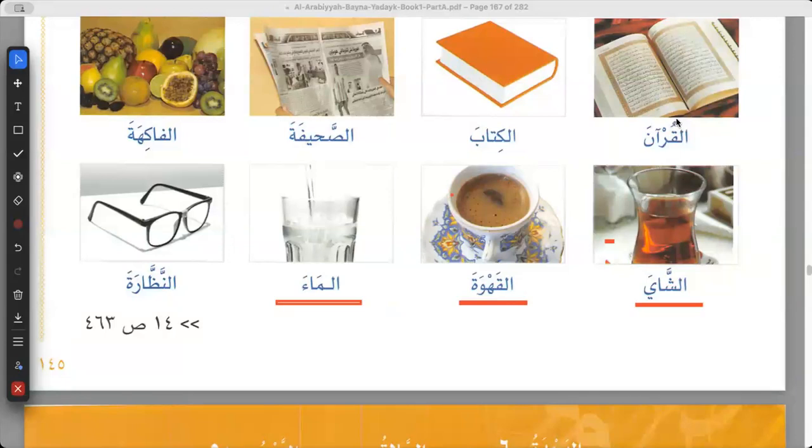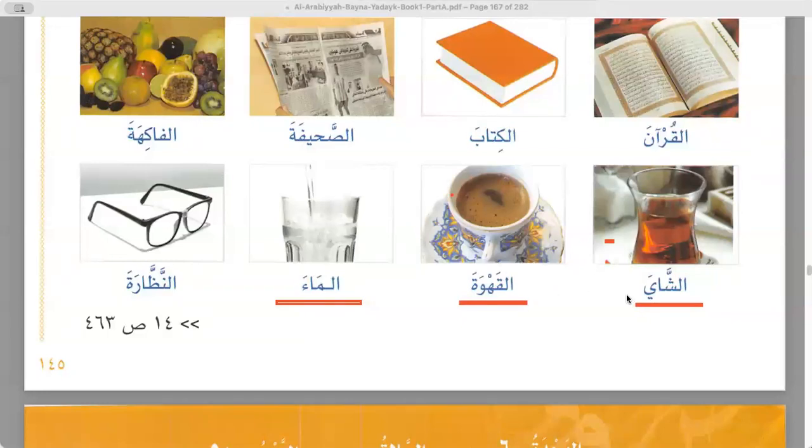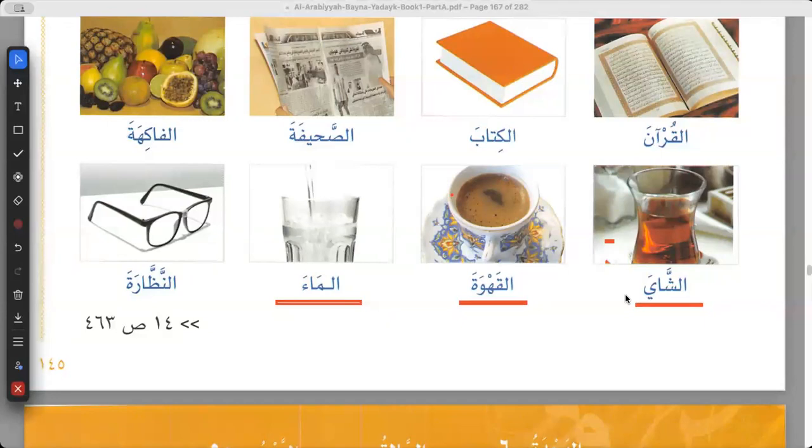Number 279. نعم أستاذ. نعم شيخ. تفضل. ضع القهوة بجانبك. هذه فكرة طيبة. Number 275.